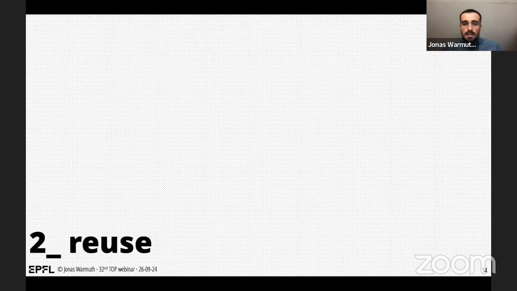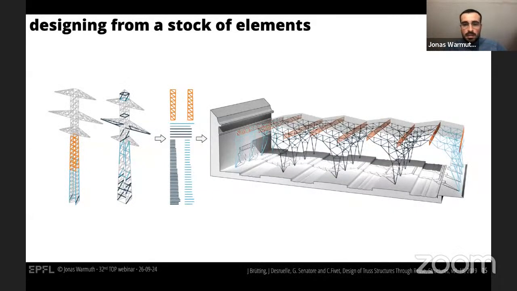And now let's quickly talk a bit about the second strategy that I've shown you in the first slides, which is reuse. Reuse is also a technique to lower the environmental impact of our structures. And just a little example of what it means: we take elements from structures that are obsolete, that are about to be disassembled, as for example here an electric pylon, and then we take these elements as an input for a new design.